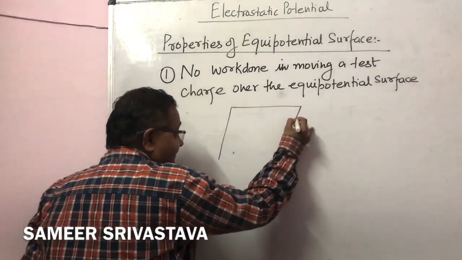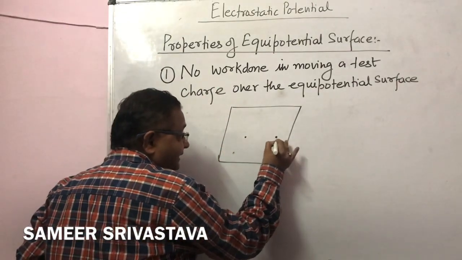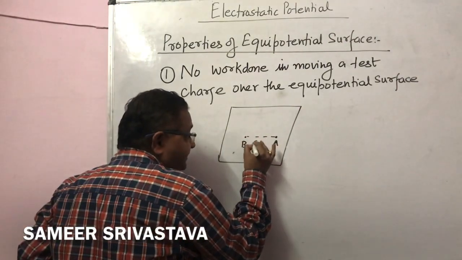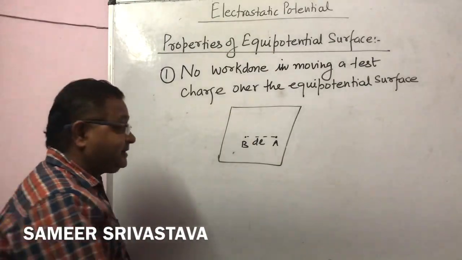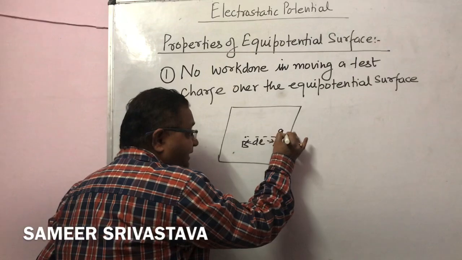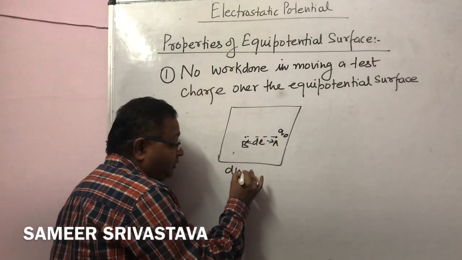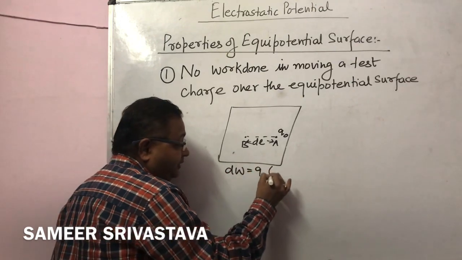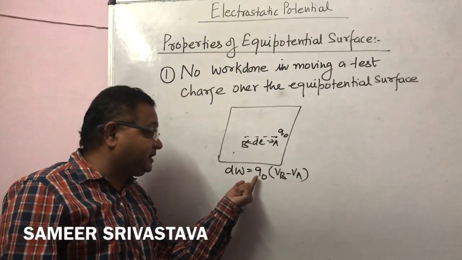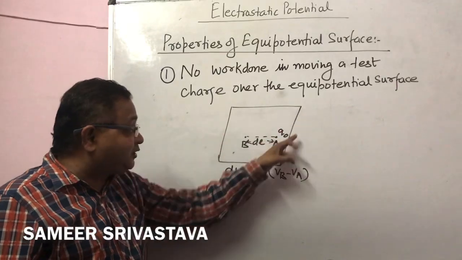Suppose this is any surface and we assume two points here, A and B, and the distance between these two points is dl. Now if you want to move a test charge Q naught from A to B, what will be the work done? dW is equal to Q naught times (VB minus VA), because work done is equal to charge multiplied by potential difference. But this surface is equipotential.